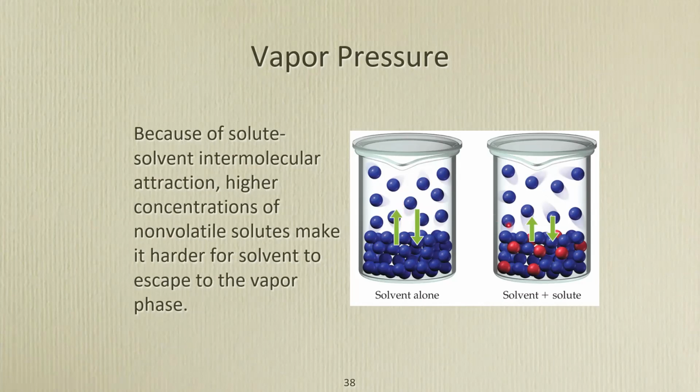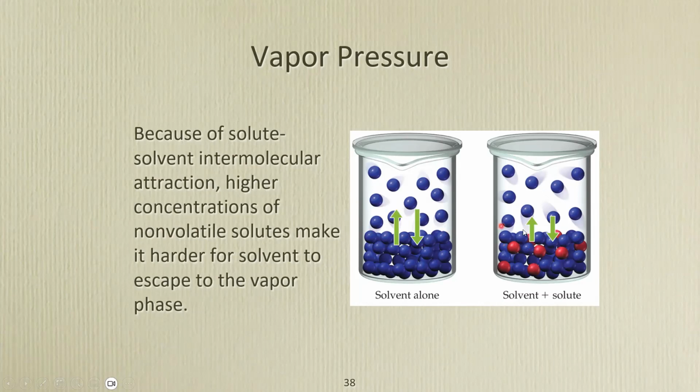But what we're going to see with a solution is, now that we've got the solute dissolved, we can think of that as sort of anchor points, because initially we're going to have just the intermolecular forces of whatever this solvent is holding it together.